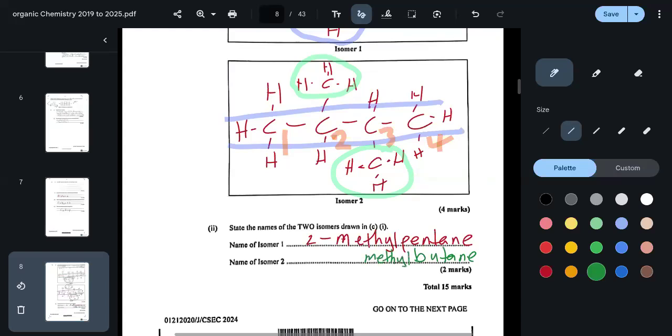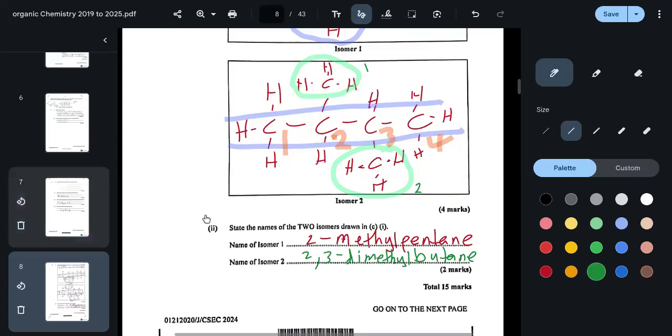But now we have 2 methyl groups, so that's dimethyl. So we have 1 methyl group, 2 methyl group. One of them is on carbon 2, one of them is on carbon 3. So it is 2,3-dimethyl.